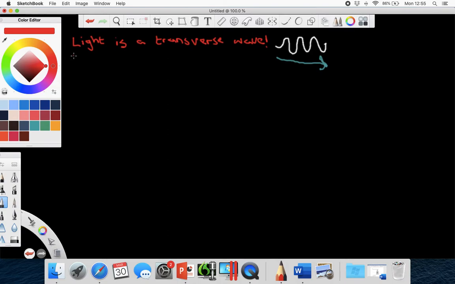So we can say, and I'm going to put it in red again because it's important, that light travels in straight lines. I hope I can spell straight. Okay, so light is a transverse wave and it always travels in straight lines.